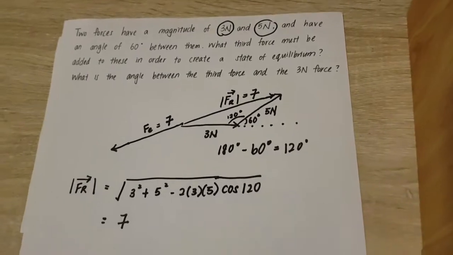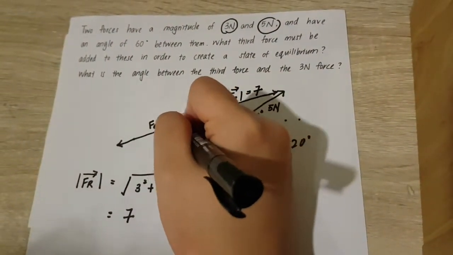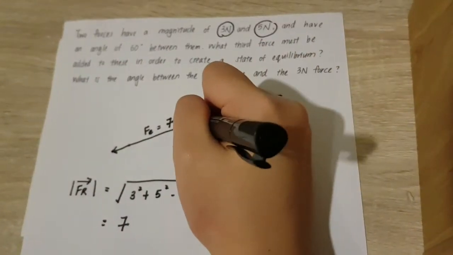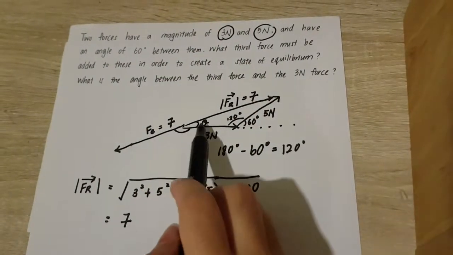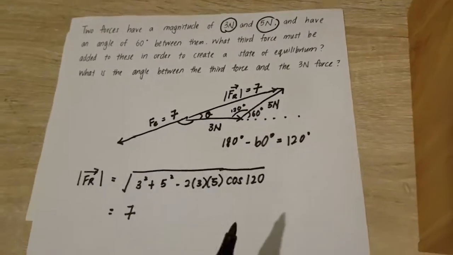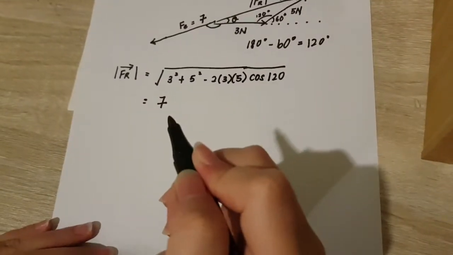Okay, so we need to find this angle. So first we find this angle first, then we subtract it from 180, and we'll get this angle. Okay, to find this angle, we will apply the sine law.